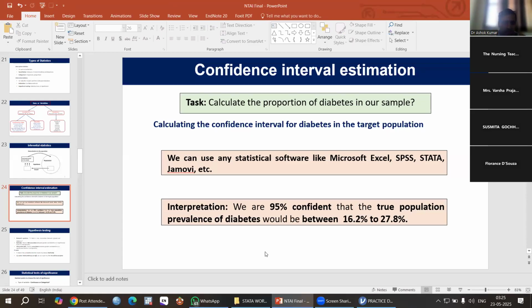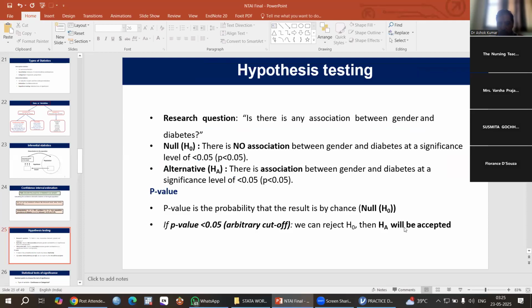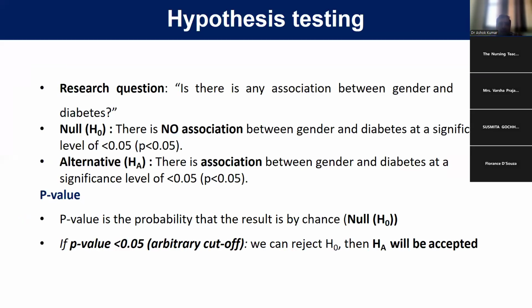Now come to hypothesis testing. In hypothesis testing, we have a research question, then a null hypothesis and an alternate hypothesis for that research question, and then we have the p-value. There is a cutoff of less than 0.05.